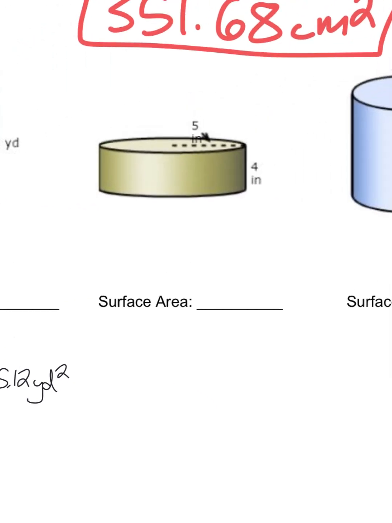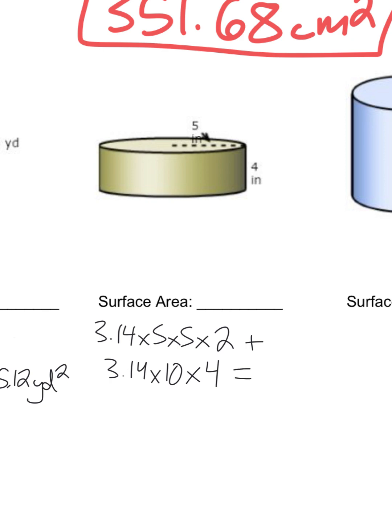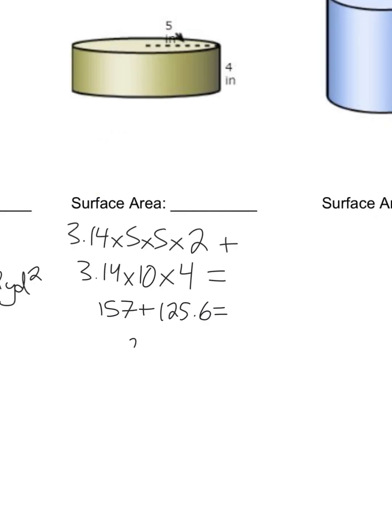Again, if we do that to the second one, we have pi times radius squared times 2, plus pi times diameter times height. I'll do those numbers separately this time. The first one is 157 plus 125.6 is 282.6 inches squared.